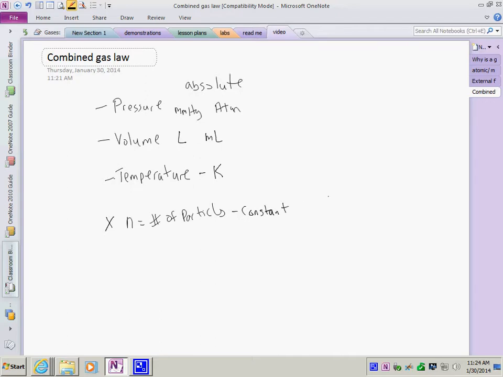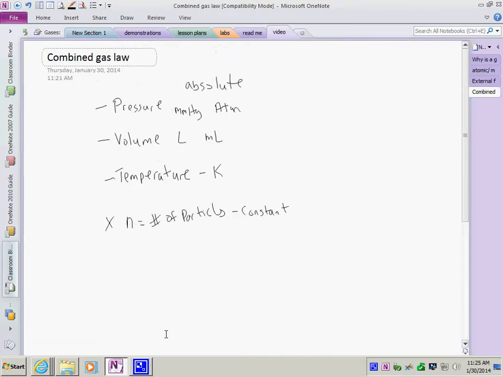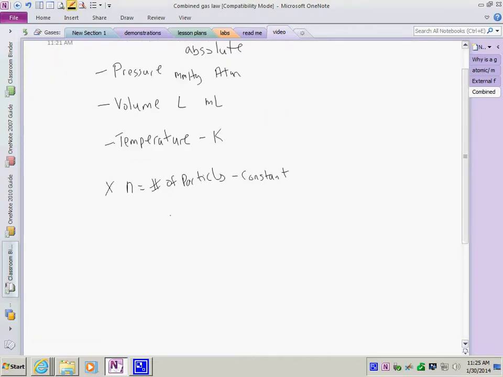Two types of containers that we'll often deal with in this chapter on gases are either a rigid container or a container that's allowed to expand or contract. That's important in the grand scheme of things. If I have a rigid container here, then the volume is constant.